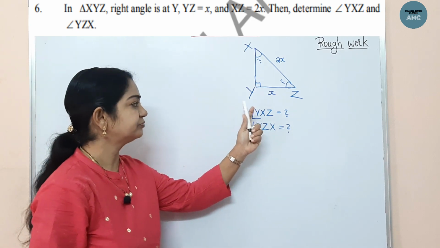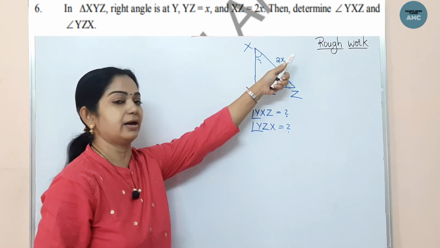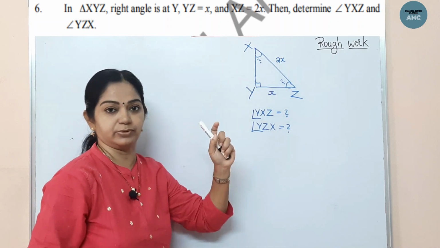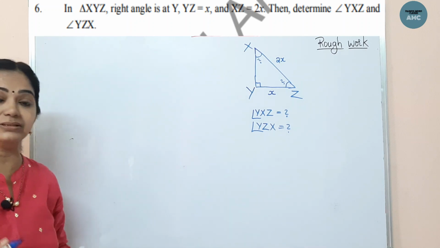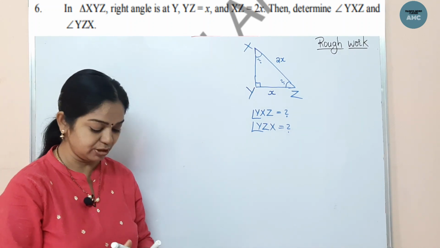If you are going to find this angle, this is the opposite and hypotenuse. For this angle, this is adjacent and hypotenuse. So the trigonometric ratios which involve opposite and hypotenuse, you have to choose.